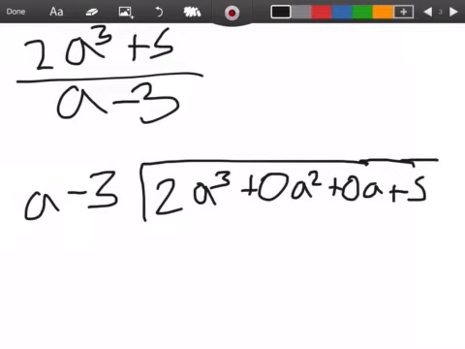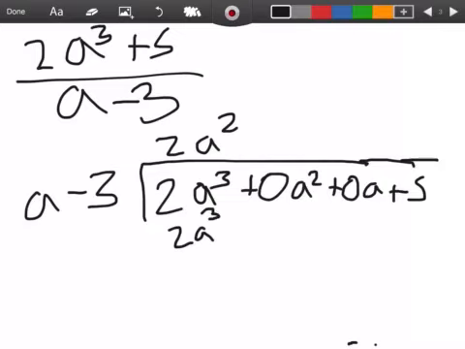So now I want to see if you can solve this. Okay, so 2a to the power of 3 divided by a is 2a squared. And if we multiply 2a squared by a, we get 2a to the power of 3.